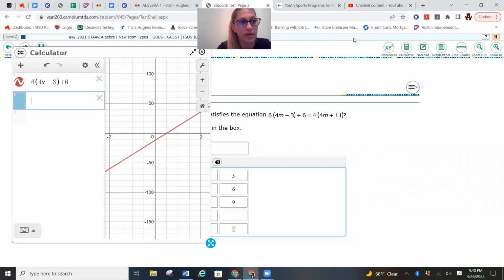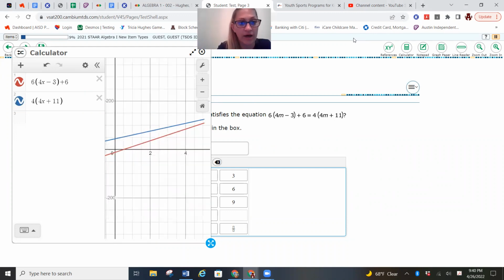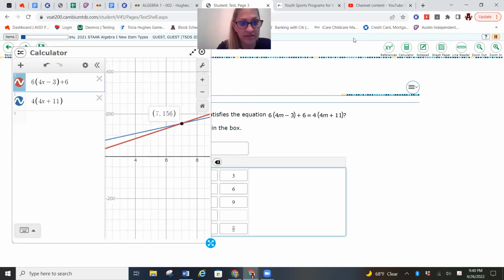All right. Now I'm going to type in 4 times (4x plus 11). I have one side of the equation in red. I have the other side of the equation in blue. I'm going to see where they intersect.